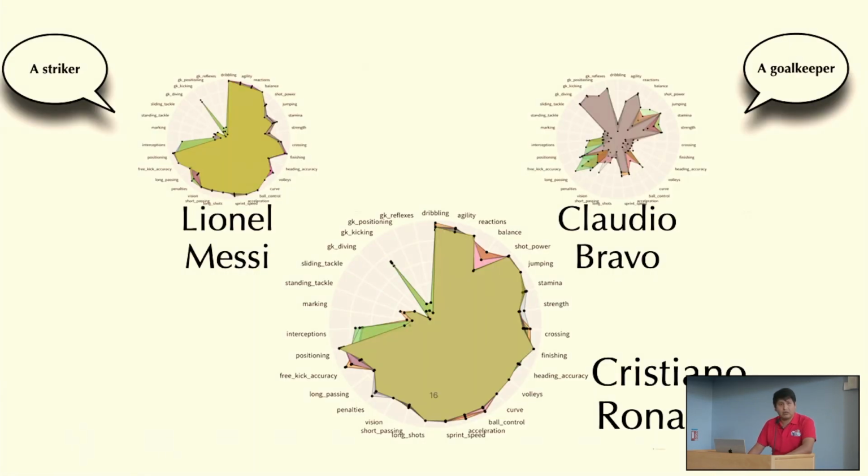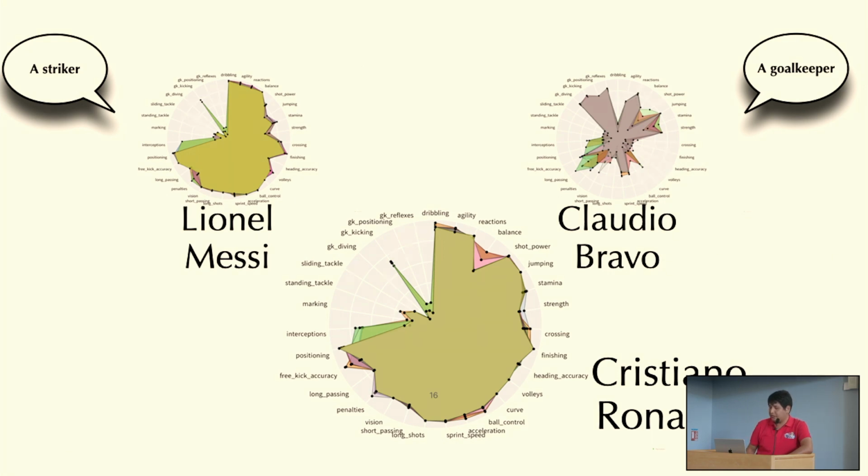About the patterns that I told you before, we have, for example, this data visualization about football. We have Lionel Messi, a striker, and I take some of the values of his metrics and with that I draw a shape. Then I take another football player, Claudio Bravo, a goalkeeper.